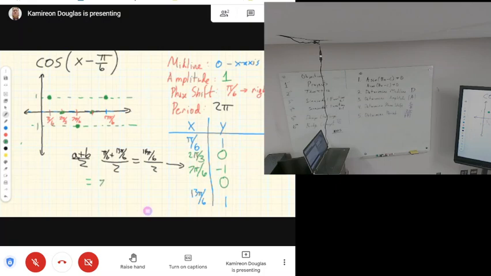So I would do 7 pi over 6 plus 13 pi over 6 all over 2. 7 and 13 makes 20 pi over 6 all over 2. 20 pi over 6, I can take a 2 out, meaning I get 10 pi over 6, which becomes 5 pi over 3. So to find any midline, we can use that a plus b over 2. That's what I do. But I'm fine using a formula, and I can do it quickly in my head. That's why I use it.